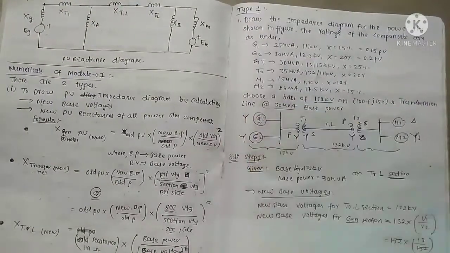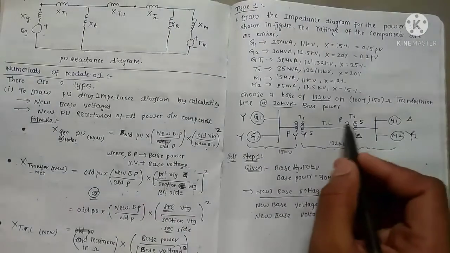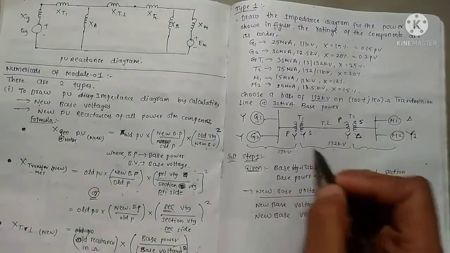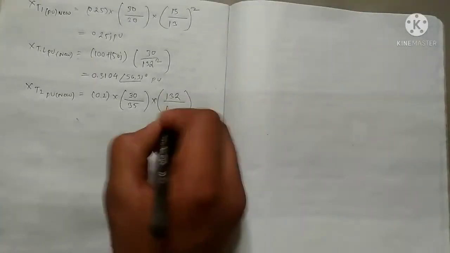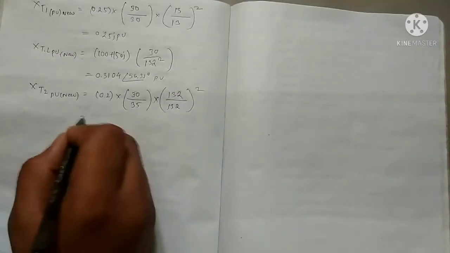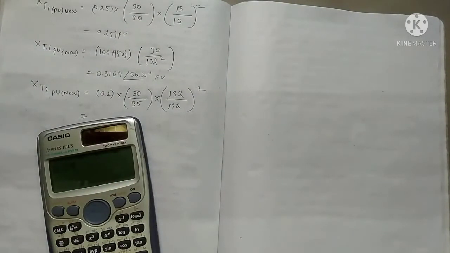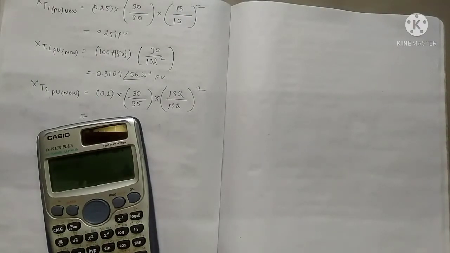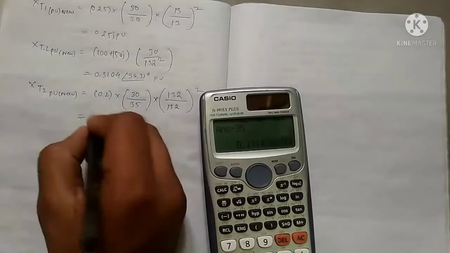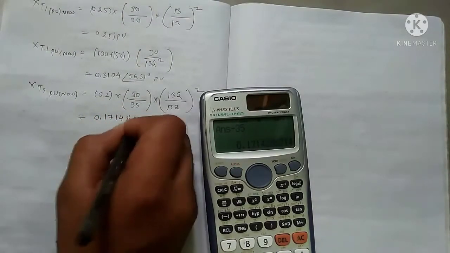T2 primary side voltage is 132, divided by the new voltage. We took the primary side, that is 132 kilovolt divided by 132 kilovolt, whole square. 0.2 multiplied by 30 divided by 35, that is 0.1743 j pu.